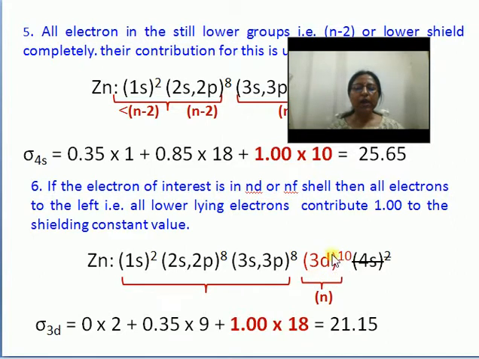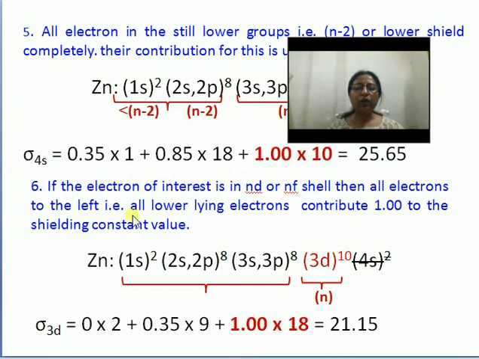We consider this as the nth shell, and the other electrons, 9 in number, will contribute 0.35. So we have multiplied 0.35 into 9. We are not going to consider the 4s electrons, because we are calculating sigma on one of these 3d electrons.